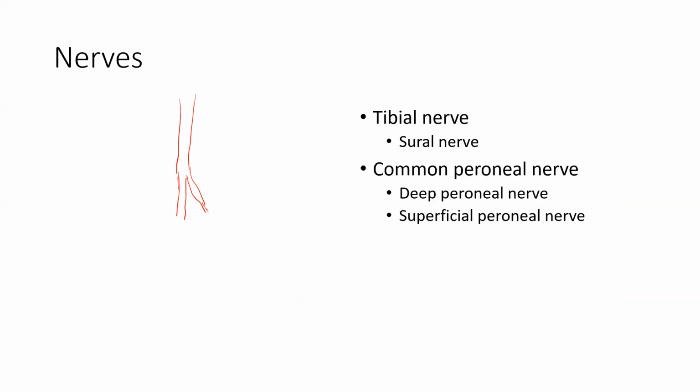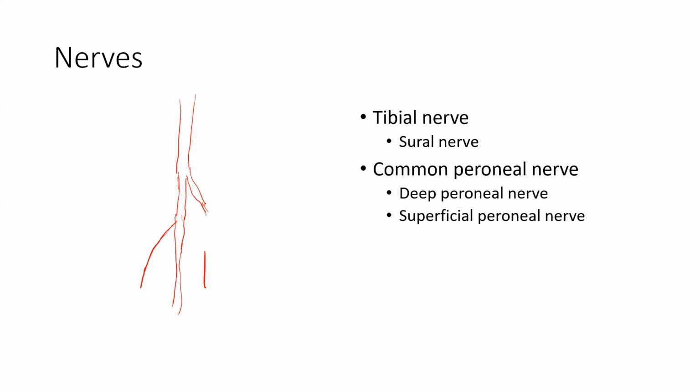Then this tibial nerve travels along the posterior compartment, and it gives off a branch, the sural nerve, which becomes subcutaneous and supplies the skin.